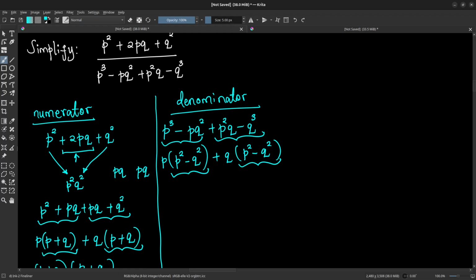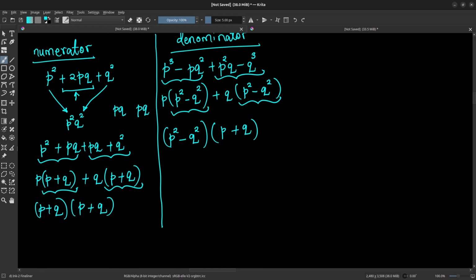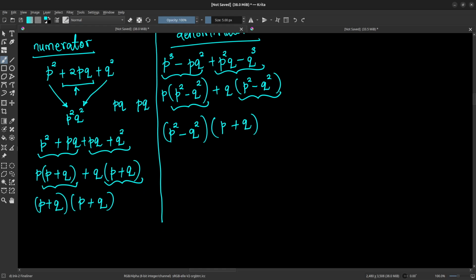So let's factor out p squared minus q squared. The first factor divided by p squared minus q squared leaves us with p. Then the second factor divided by p squared minus q squared will leave us with q. Okay, so this is looking good.